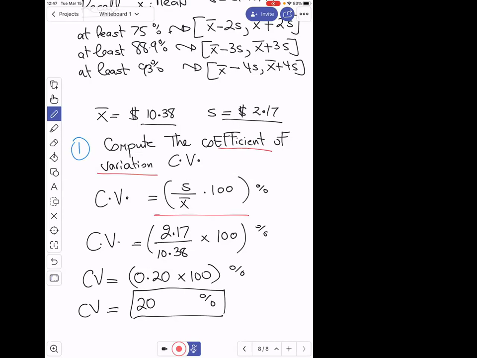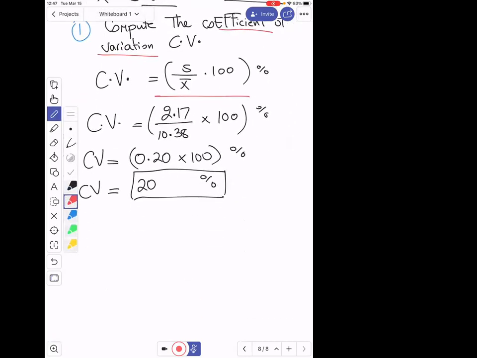Now the interval. It says to use the Chebyshev theorem to find the smallest interval centered on the mean in which we can expect at least 75% of meal receipts to fall. So this is the second part of the question, right?